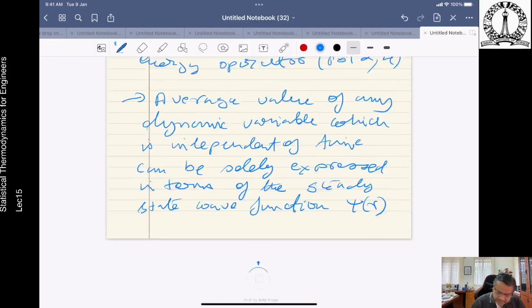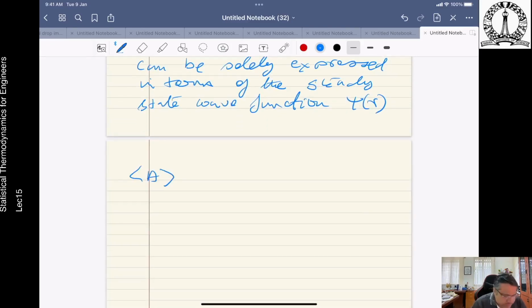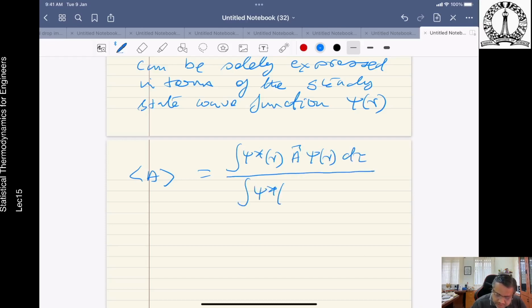In essence, this is like a master template, where the operator acts on psi(r). So this is the average observable value, like a master expression for calculating expectation values.